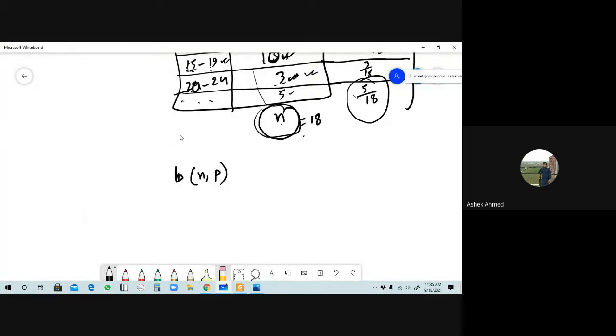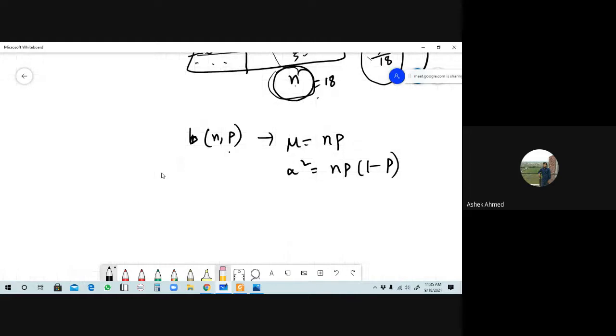This represents a binomial distribution. In that case, the mean was np and the variance was np(1 - p). Now we will take a relationship between z and x.